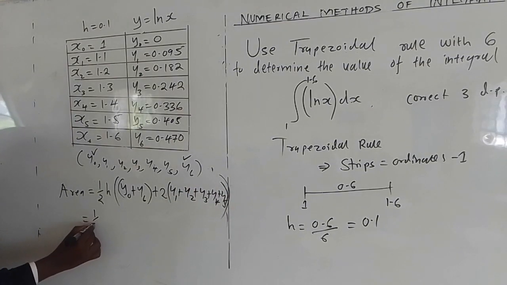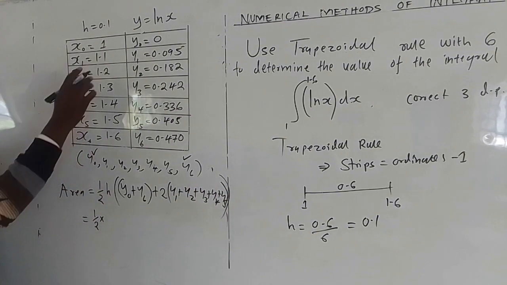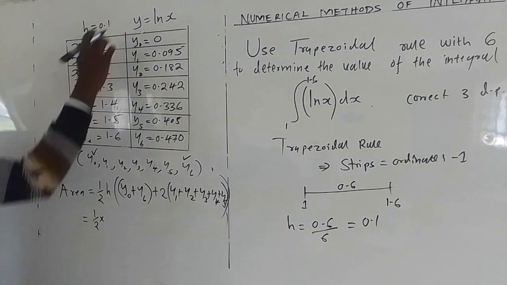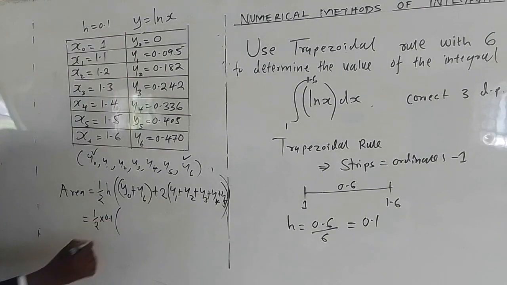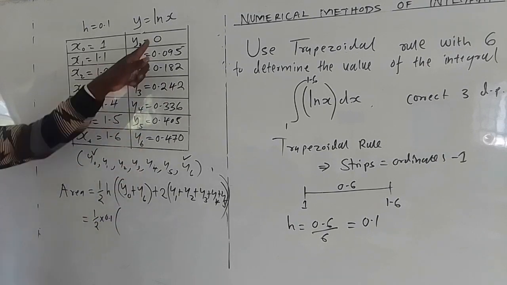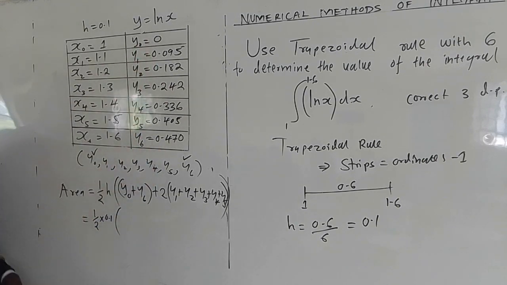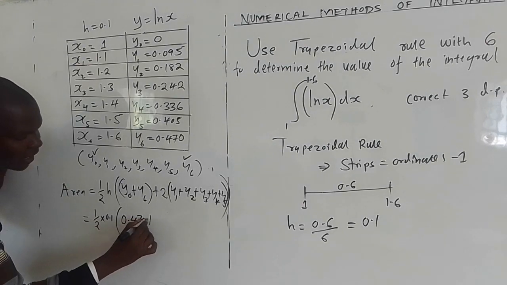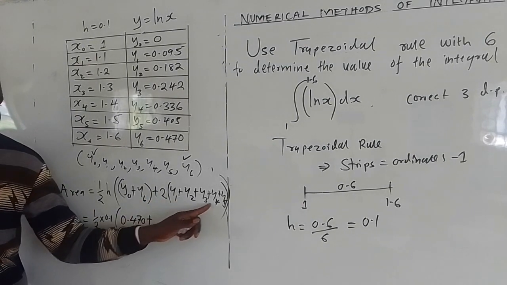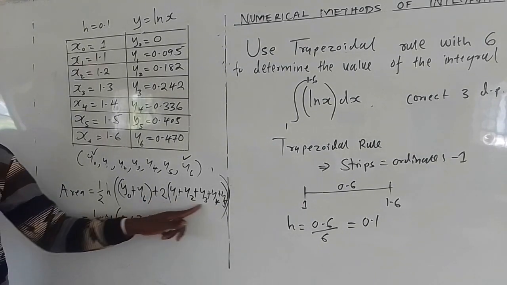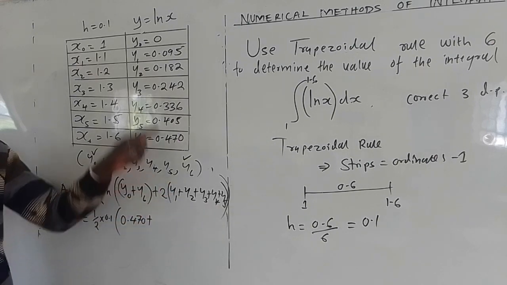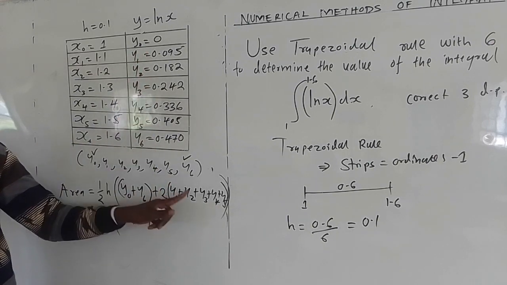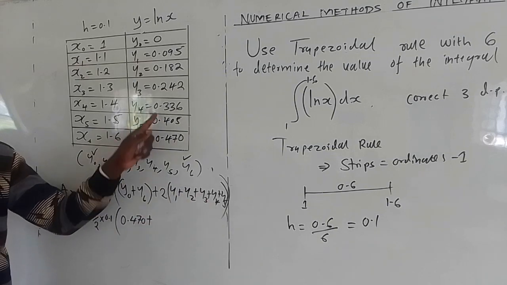So what do you get? A half times the value of h. H is 0.1. Then in bracket start y0 plus y6. 0 plus 0.470. Then plus 2 into bracket, you add this. Get me what is here. 2, then open bracket y1 plus y2 plus y3 plus y4 plus y5.